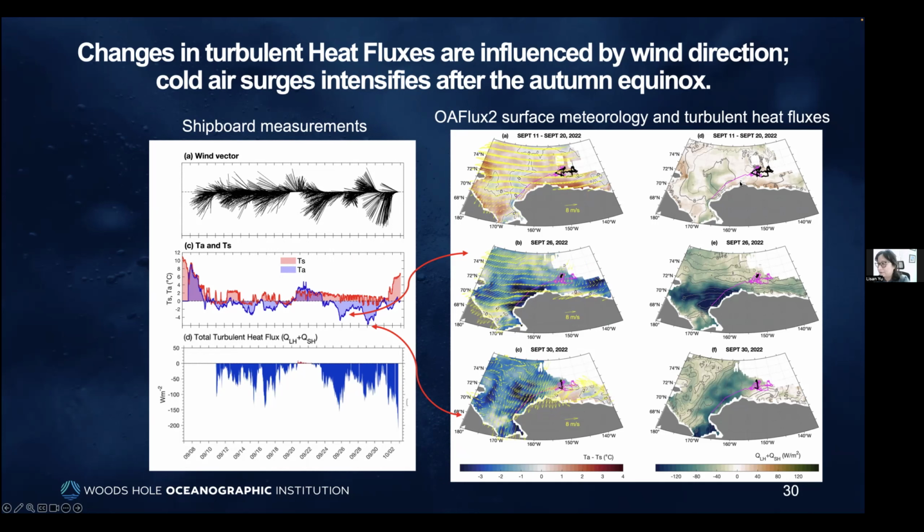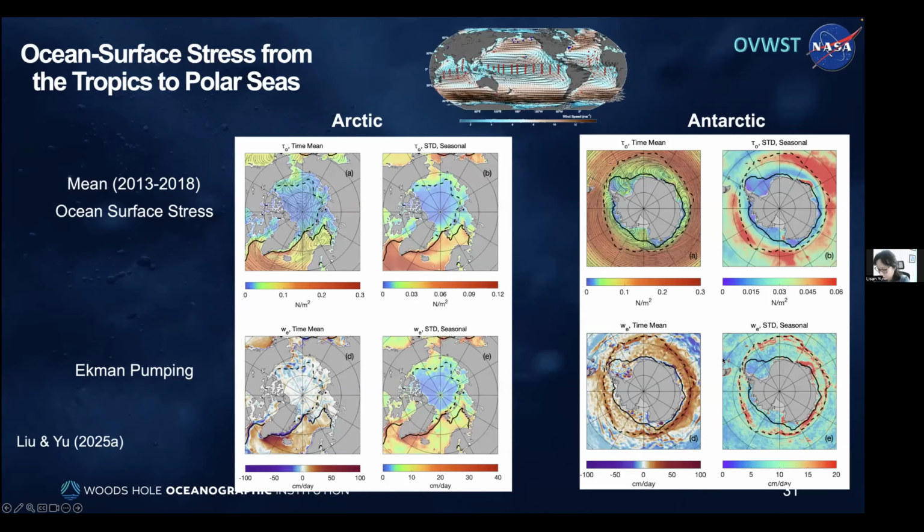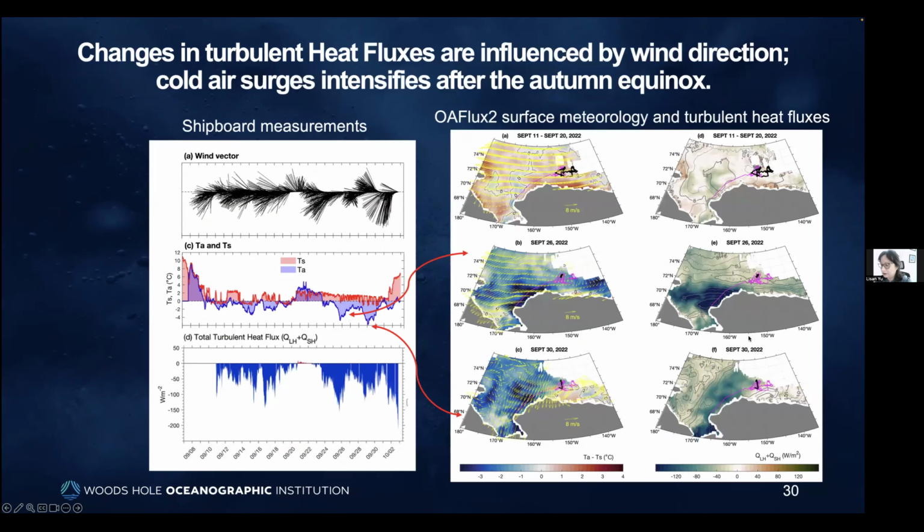On the right, with turbulent fluxes in the background, you can see how the turbulence changes along the wind surge path. So in the Arctic Ocean, solar radiation is the driver of the energy cycle change, and the turbulent fluxes respond through the air-sea temperature differences and the change of wind direction.